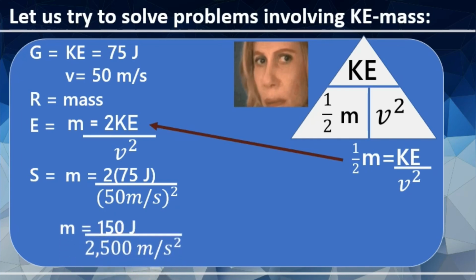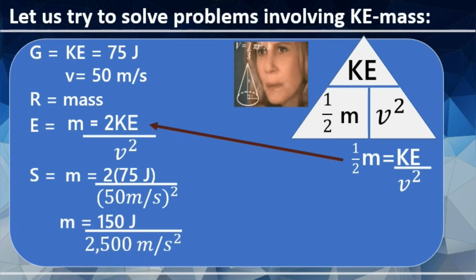So, m equals 150 joule and then over 2,500 m/s squared. Okay? So, where did you get this? So, the 150, we get that in multiplying 2 and 75. The 2,500, we got it from squaring the 50 meter per second.